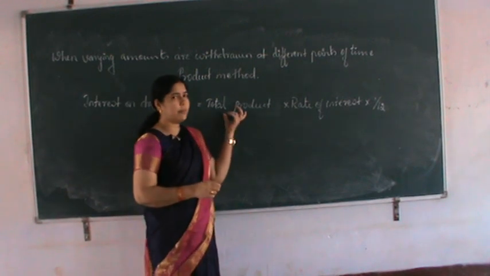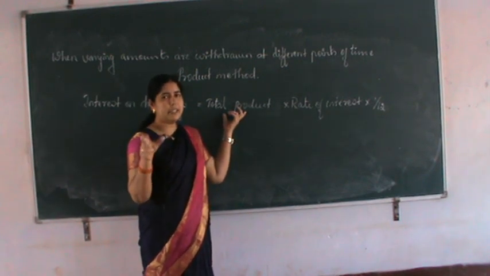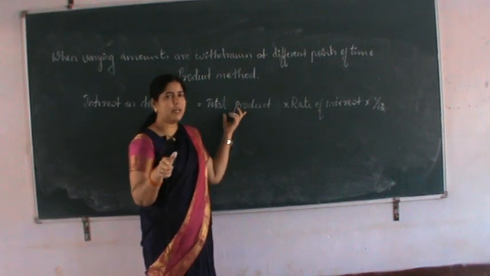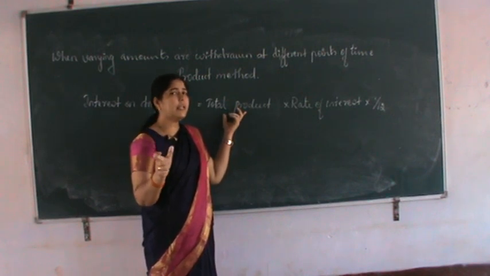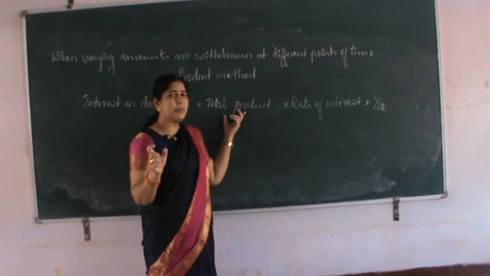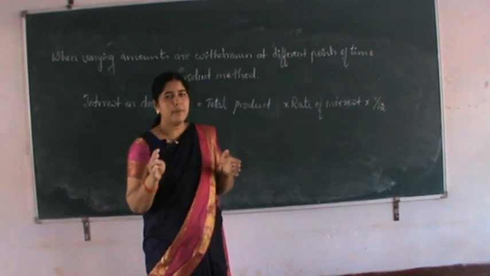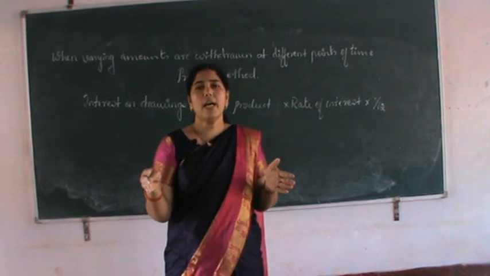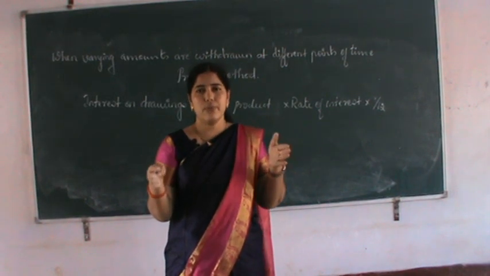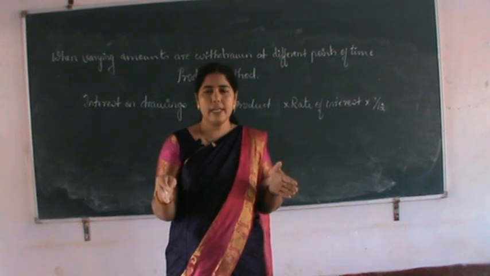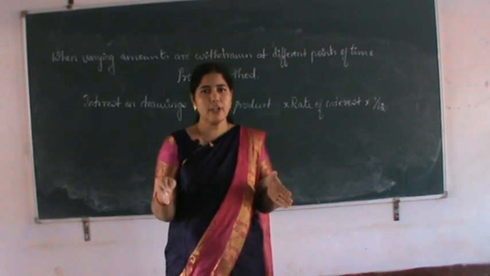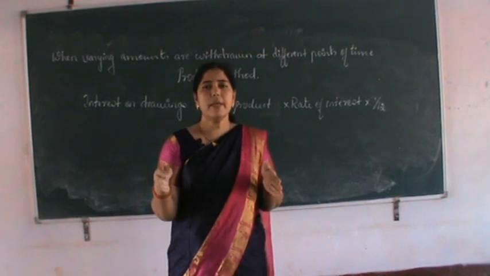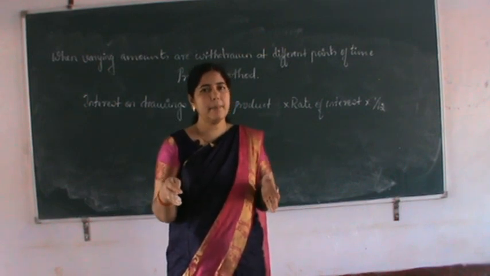Here total product represents the multiplication of the amount withdrawn by the partners and the outstanding period. Outstanding period means the time gap between the date of drawing and the end of the accounting period. So the time gap between the date on which the partner has taken the drawings and the end of the accounting period will be considered as outstanding period.